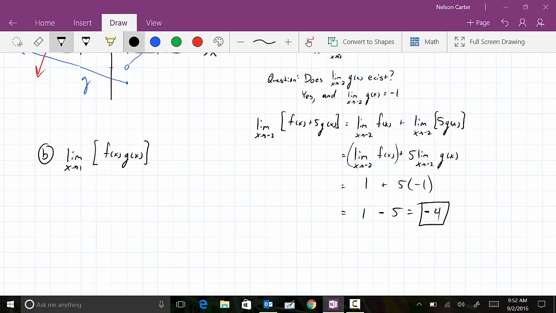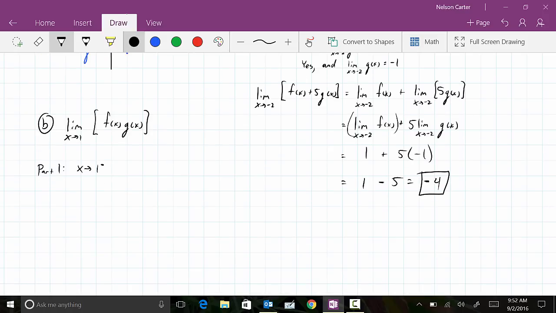So there's two parts here. Part 1 is x approaching 1 from the left. We now are going to ask the question, what is the limit as x approaches 1 from the left of f of x times g of x? That's our sub-question.